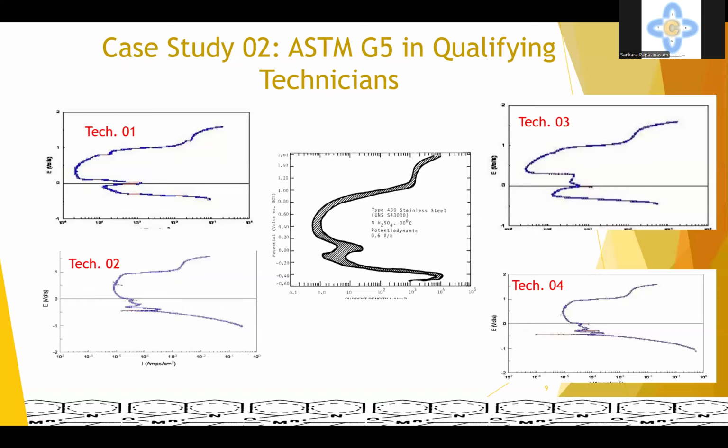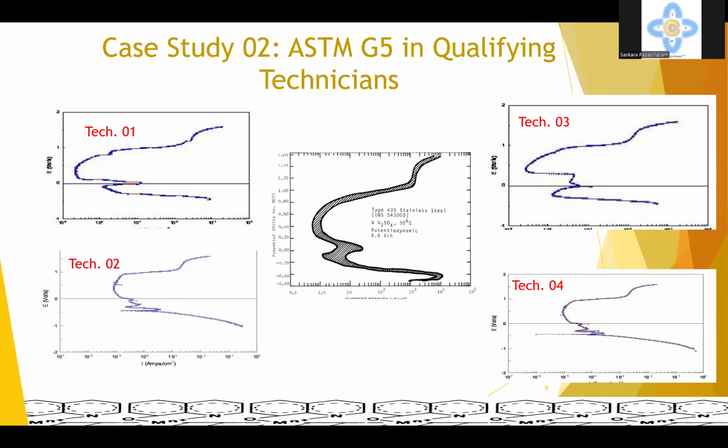So this gives us confidence that any lab data produced in the laboratory was performed by a technician who first of all qualified himself or herself in conducting corrosion testing. And we used to encourage technicians to do this test every 6 months during our involvement in the corrosion testing laboratories.